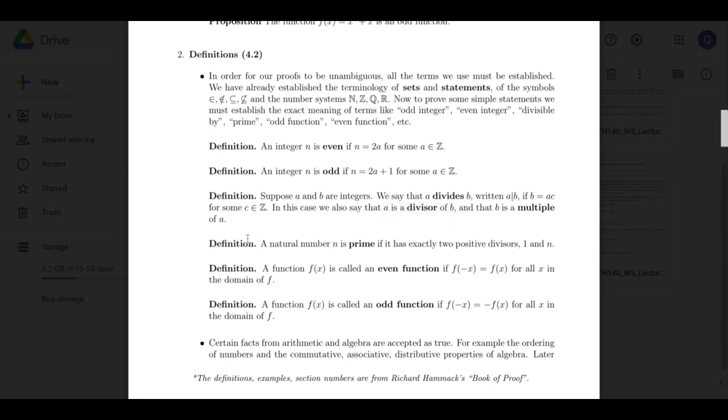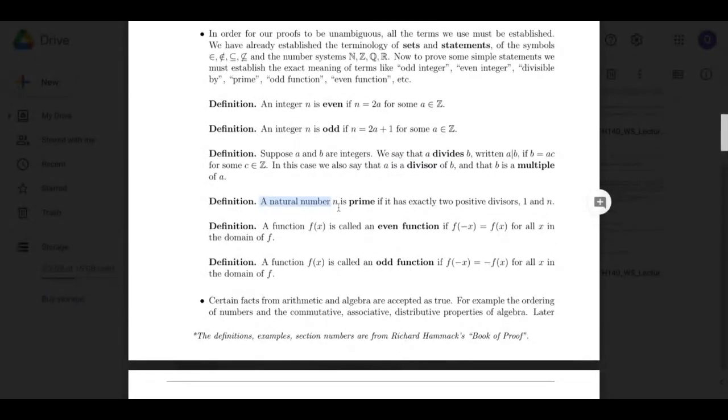And b is a multiple of a, right? So 6 is a multiple of 2, and 6 is a multiple of 3. So we use the bar notation: 2 divides 6, a divides b, a is a divisor of b, or a is a factor of b.